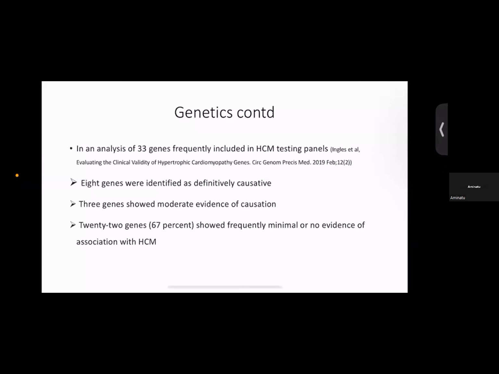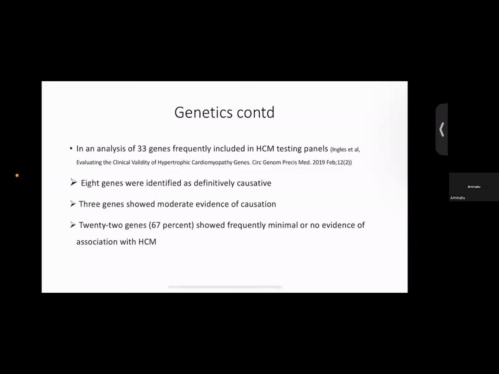In an analysis of 33 genes frequently included in HCM testing panels, they found that 8 genes were identified as definitely causative. 3 genes showed only moderate evidence of causation, and 22 genes, that is 67% of the 33 genes, showed minimal or no evidence of association with HCM.